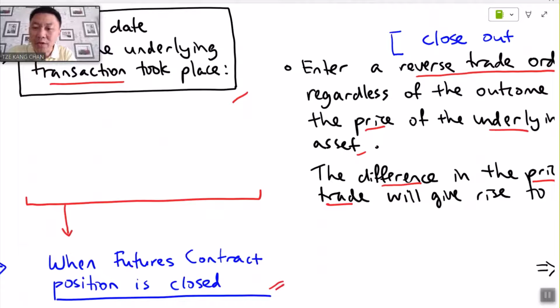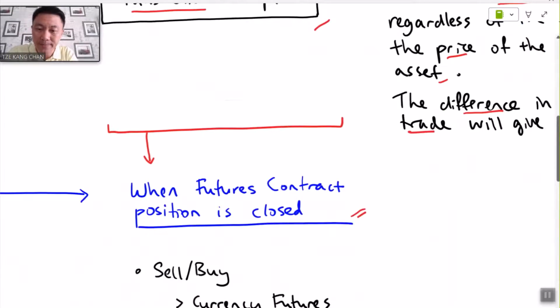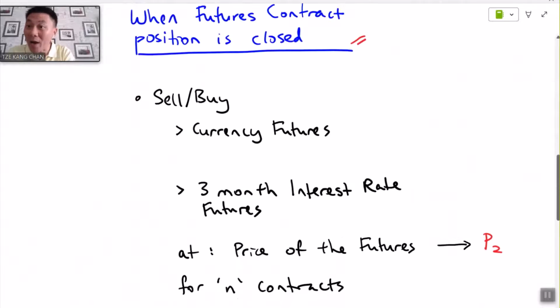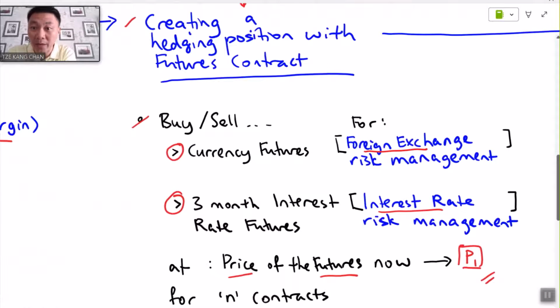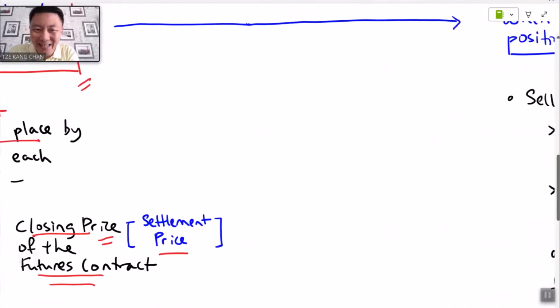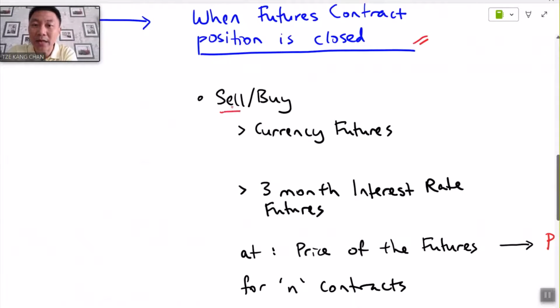When the futures contract position is closed, this is where the transactions take place. If at the beginning of the period the hedger were to buy the futures contract, later on, to close out, the hedger would then sell. The reverse is true.